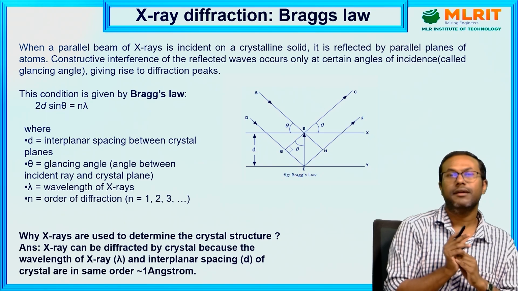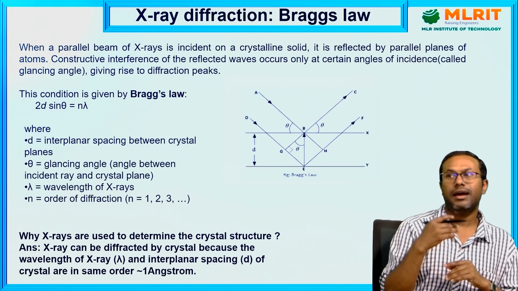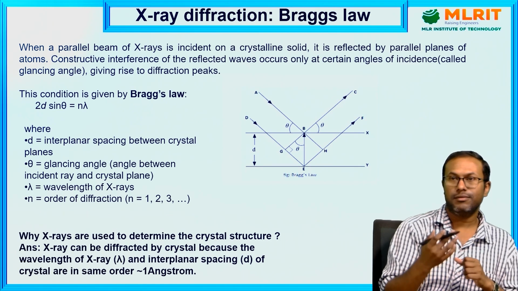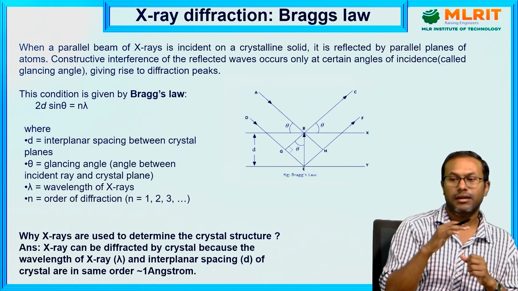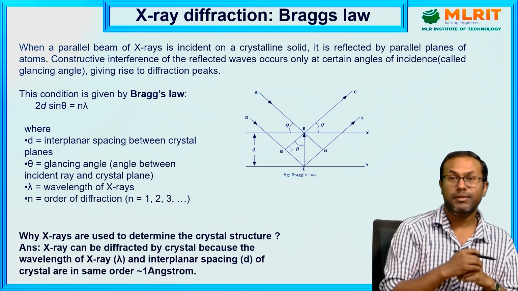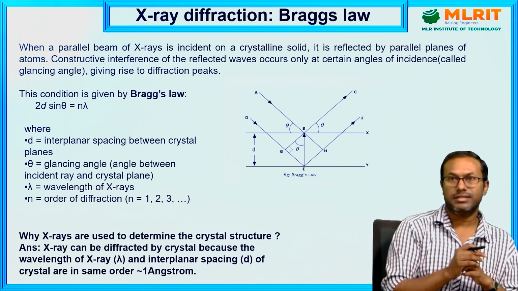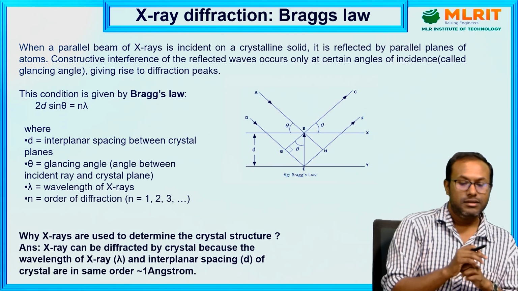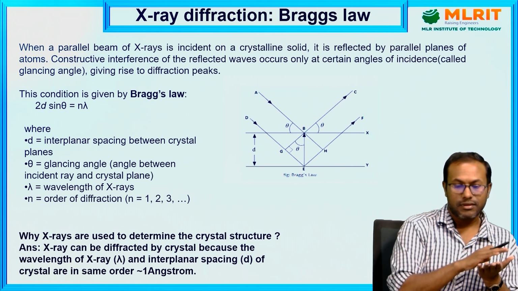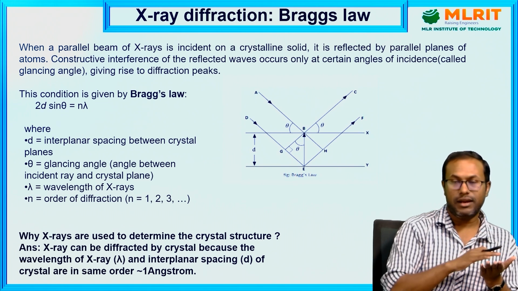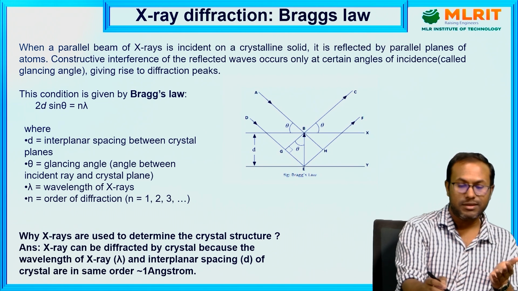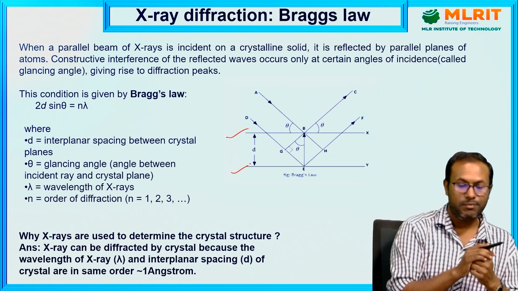From there we get the idea about the Miller indices, and from the Miller indices we can give the orientations of the crystal planes. So a crystal contains a lot of equispaced parallel planes. Suppose this is one of the planes and this is another plane, those are two parallel planes.